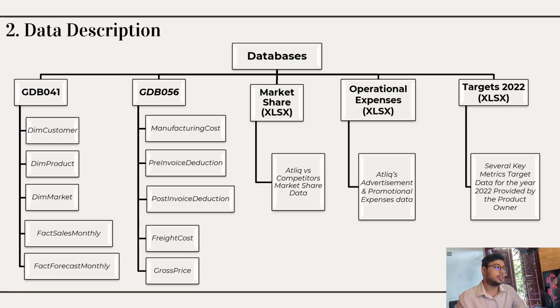And finally, the targets. The data we have for 2022, in the target data, is the targeted net sales, and using this we can compare with the actual net sales. This comparison helps the top executives find out what the actual problem was, or in what region the problem is happening.